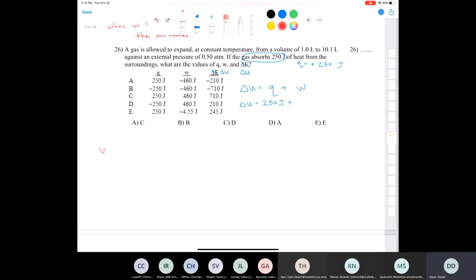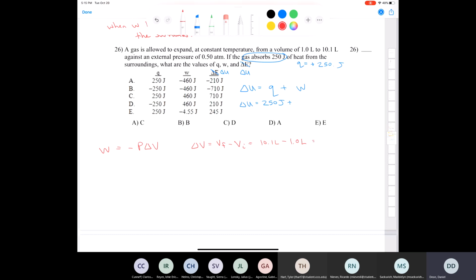And we know that W, when we have the expansion of a gas, is equal to negative P times delta V. We also know that delta V is equal to the final volume minus the initial volume. Our final volume is 10.1 liters and our initial volume is 1.0 liters.